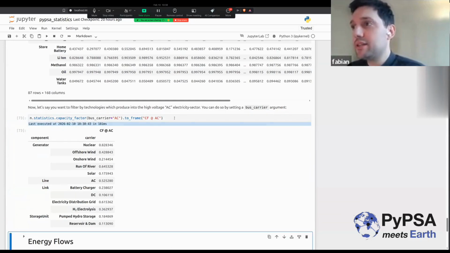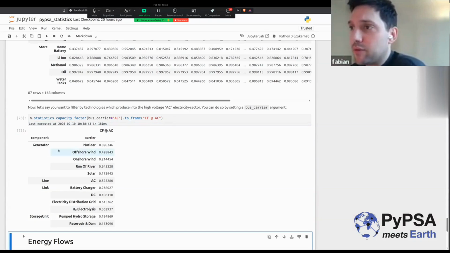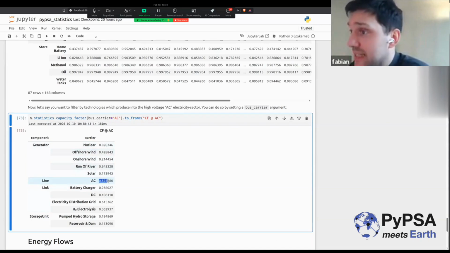And if you run that, we now have all the components that produce essentially AC high voltage electricity. As such, we have generators: nuclear, onshore wind, offshore wind, run-of-river, solar. And then, of course, we have our transmission lines. They also produce AC in a certain sense.